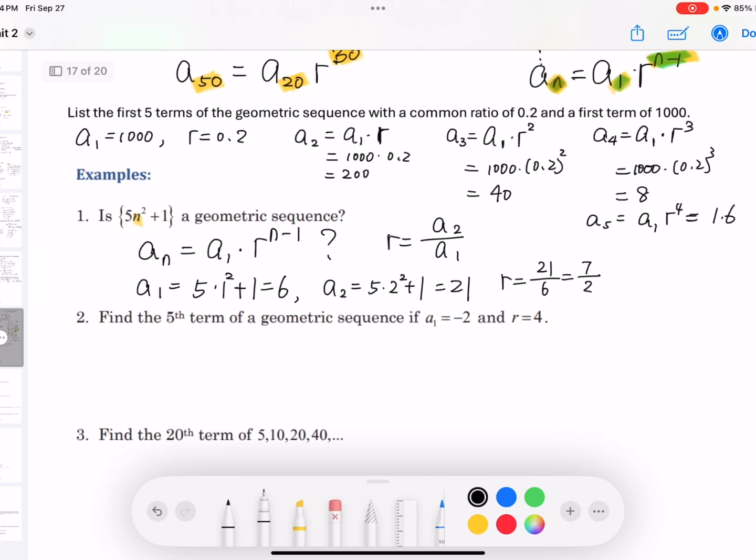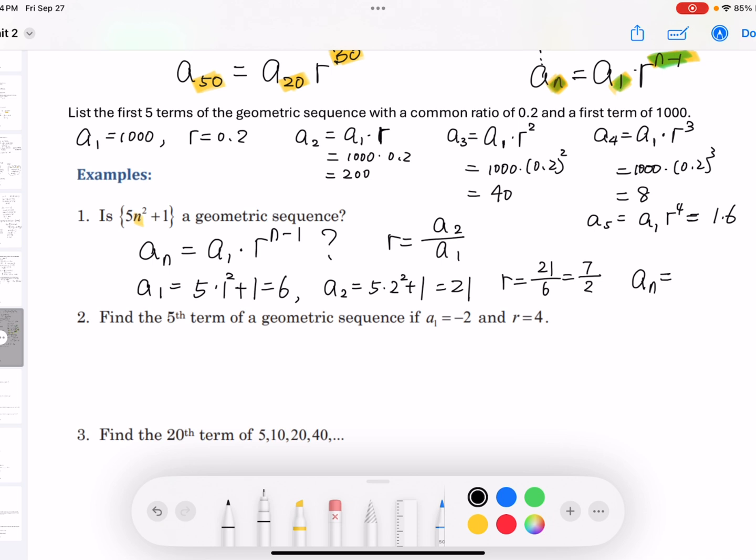And how about a sub n? Bring it to the formula here. If it can satisfy the formula, it is equal to the a sub n here. Use a different color. If they are equal, that means it is true. So a sub n, using the highlighted formula, is equal to a sub 1, which is 6, multiplied by r, 7 over 2, to the n minus 1 power.